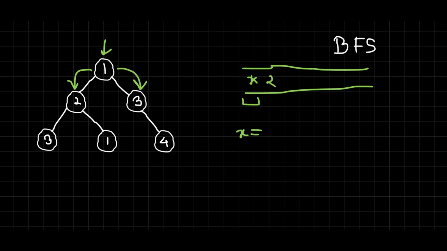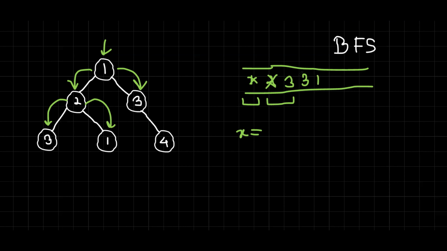The queue will have the values 2 and 3. These 2 and 3 are the second level. For the 2, which is the front element of the queue, we have to remove it and insert its left child, which is 3, and its right child, which is 1.